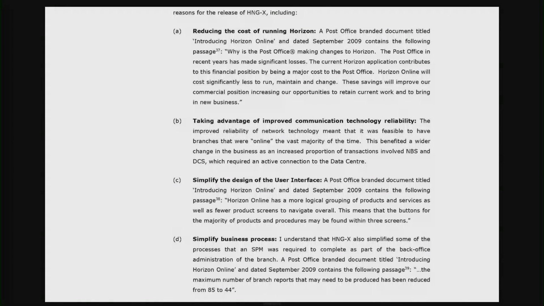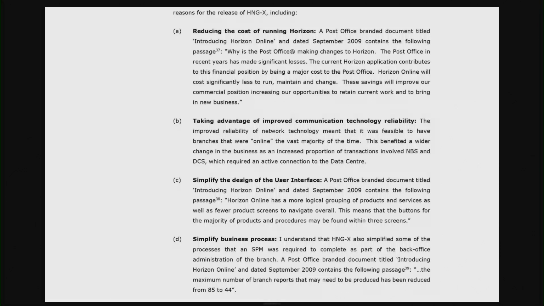With the online system, there wasn't a need for much of that redundancy, and that was one of the factors that helped reduce cost in the Horizon Online system as opposed to the legacy Horizon system.